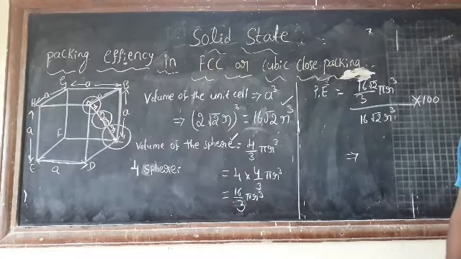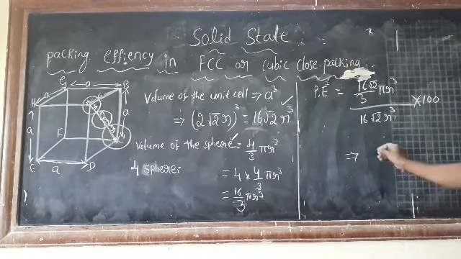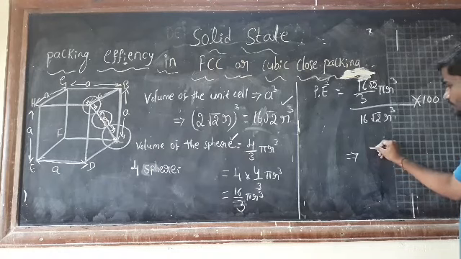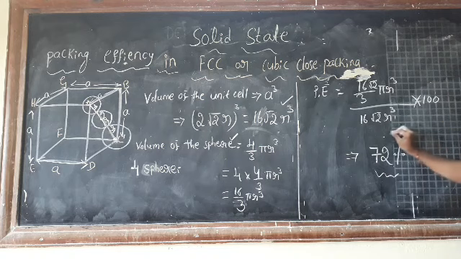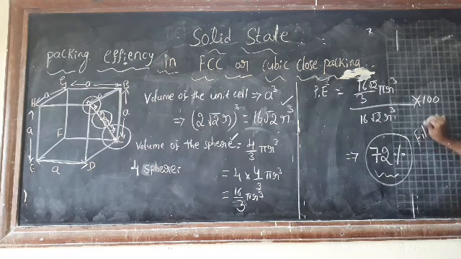When we solve this, we get 72%. It indicates that in the FCC or cubic close packing, 72% of the space is filled.